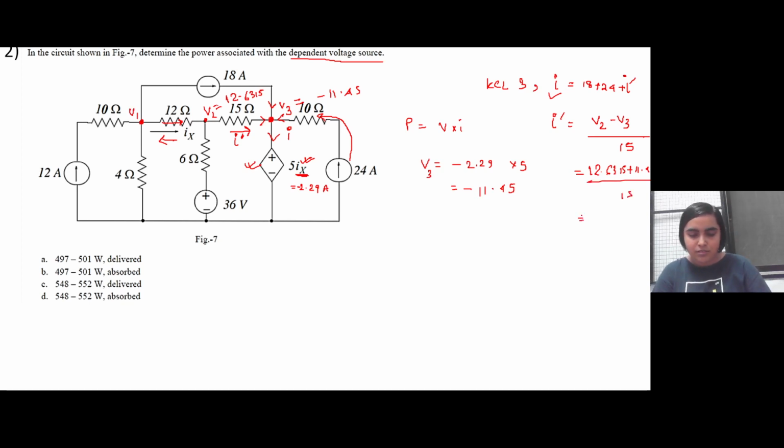So it is 12.6315 divided by 15. 1.6 something. 1.6. So the power that is consumed by the voltage source will be I into V, right? So it is 1.6 into what is V? 11.45.